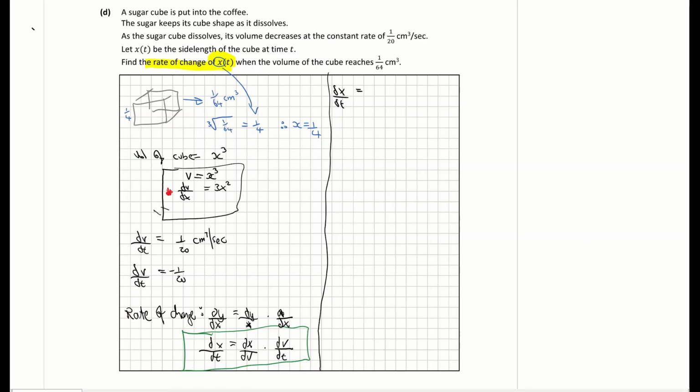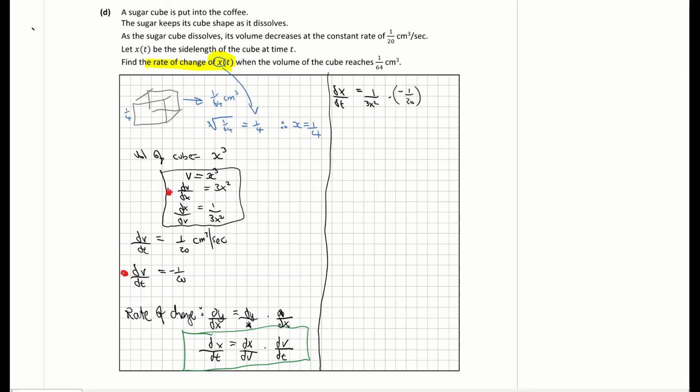So 3x squared over 1 becomes 1 over 3x squared. So that's equal to 1 over 3x squared. And what else do we know? That is now times my dV dt, and we have our dV dt here, which is minus 1/20.